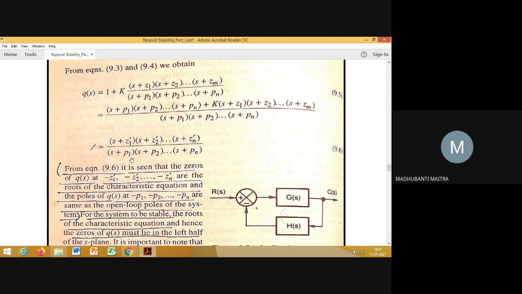Again, I can extend this: for the system to be stable, some of the poles of the open loop transfer function, or some of the open loop poles, may lie in the right half of the S-plane, but all the roots of the characteristic equation should lie in the left half of the S-plane. Do you agree?